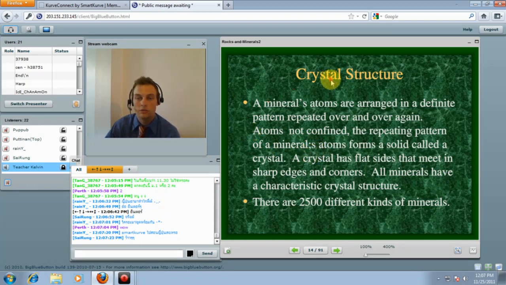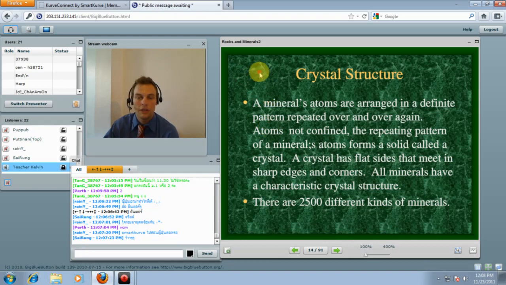Okay, crystal structure. So this is just a kind of a fancy way of saying that these atoms are arranged in a pattern when they're together with one another, and we won't go into the details of why that is, but it has to do with the structure of each element that's involved and their electric charge.